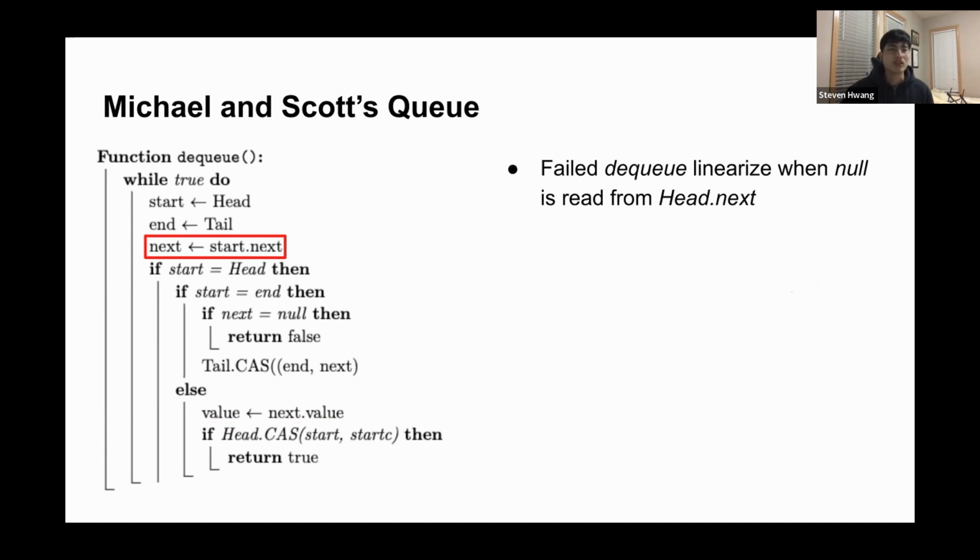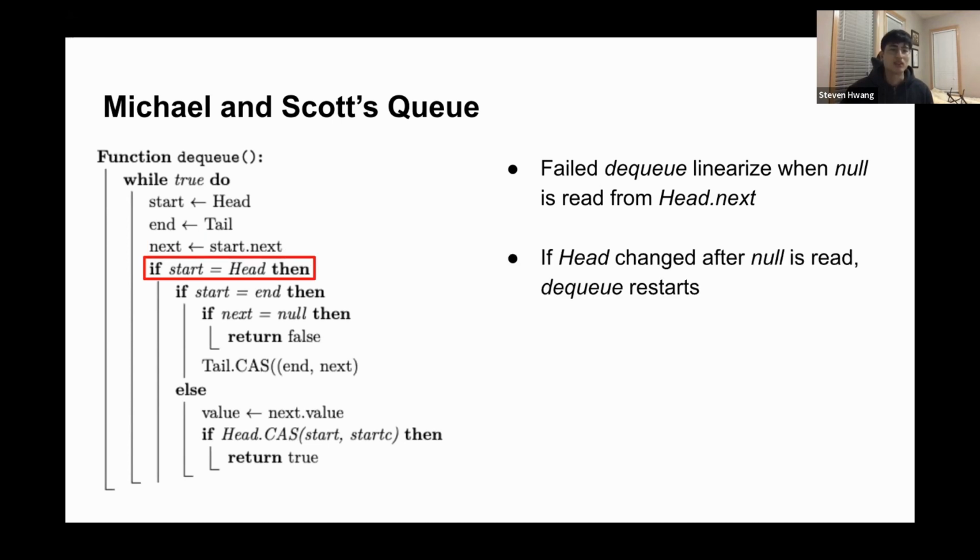And unfortunately, this implementation isn't strongly linearizable because of failed dequeue operations, and they linearize when a null value is read from head.next. So when it verifies that the head is the last node in the linked list. And it's because right after reading the head.next, it checks whether the head value that was read is equal to the current head value.